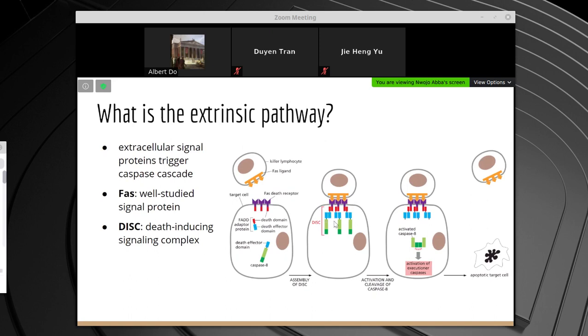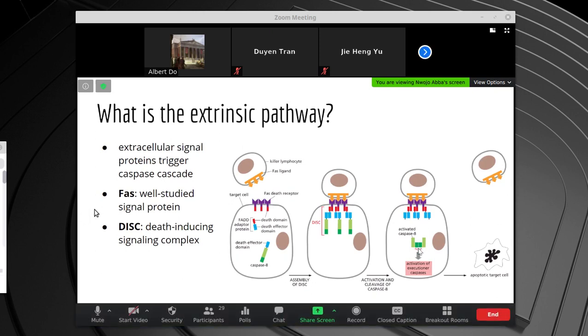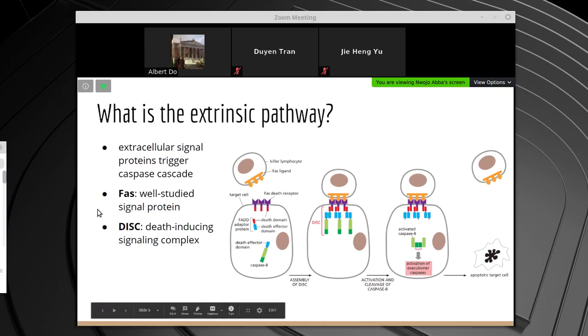At the bottom of this complex are inactive initiator caspases. Once this DISC is formed, they activate these initiators and they cleave off on their own to activate and initiate the caspase cascade that I mentioned in the previous slide. It's essentially the same pathway that induces apoptosis.